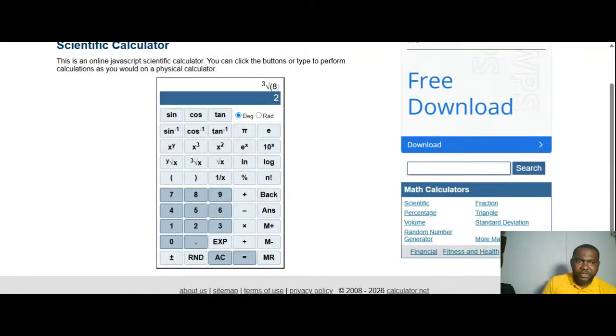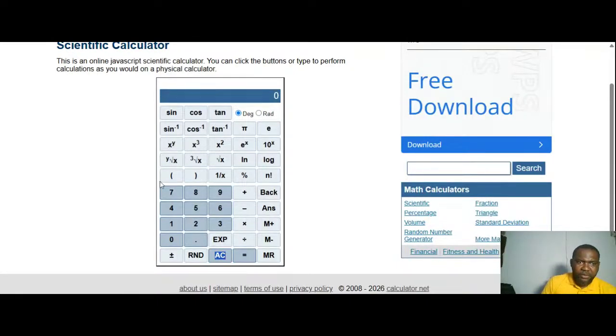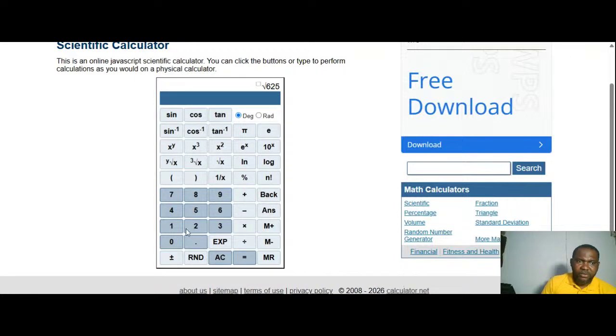Then let me try. If I want to do fourth root, maybe I can write the number first. Let me say 625. I want to find the fourth root. I'll press this. This is for any root. Then I'll press 4. That means fourth root of 625. You can see what it is giving me. 5.